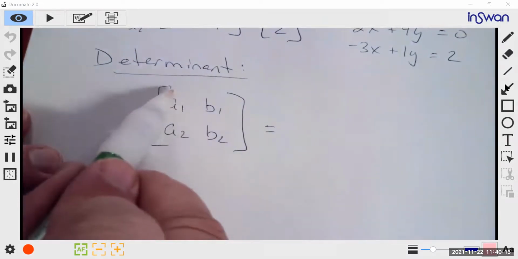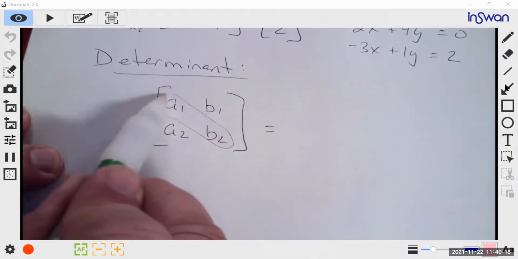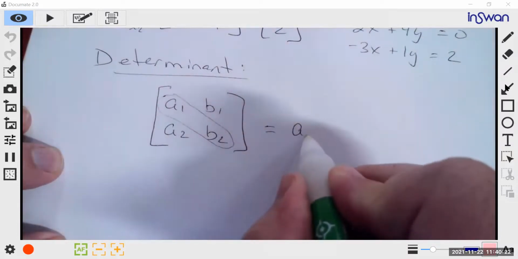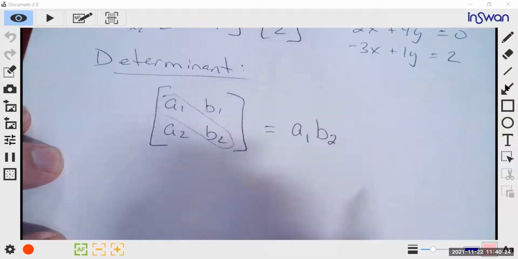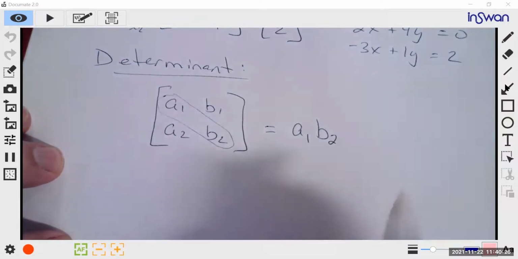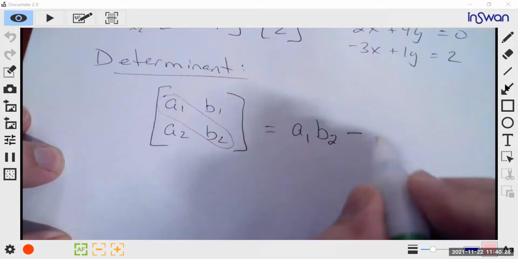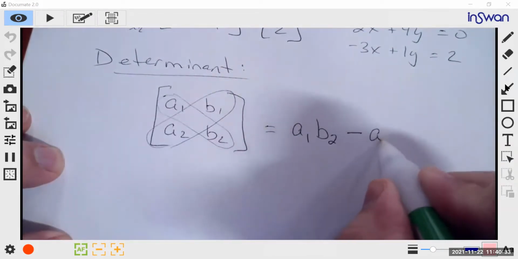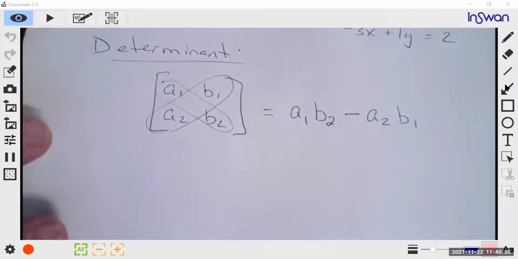The determinant is simply multiply that diagonal. So you have A1 times B2, minus the other diagonal, A2 times B1. That'll give you some number.